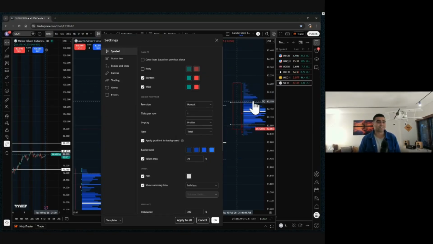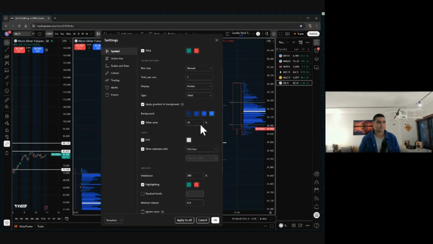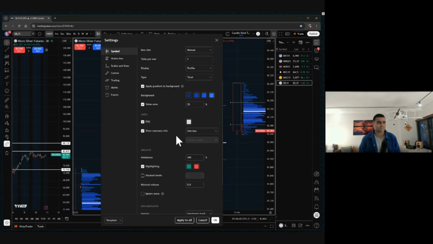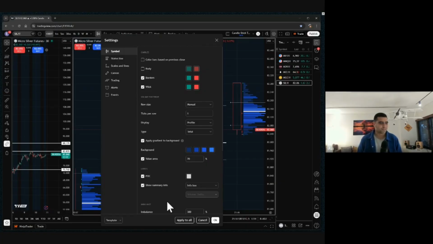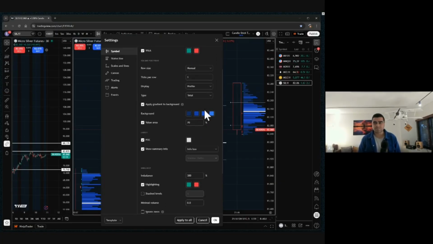So that's giving you basically a histogram. What else have I changed here? Not much. This is the imbalance I'm talking about, these little dots here. And there's a 300% imbalance between buyers and sellers. That's when it gives you these little dots. What else? Yeah, not much else. I don't think I played with it much more than that. So there you go. Those are the settings I'm using for now.